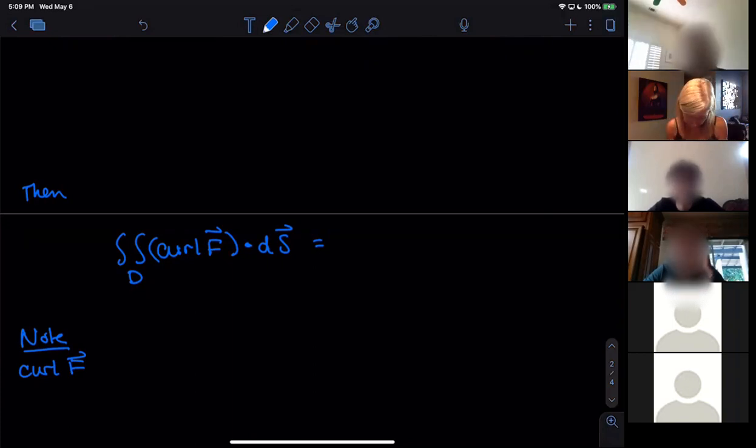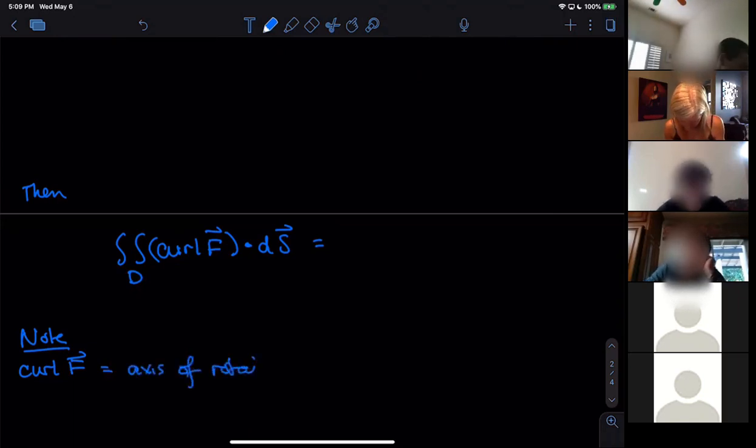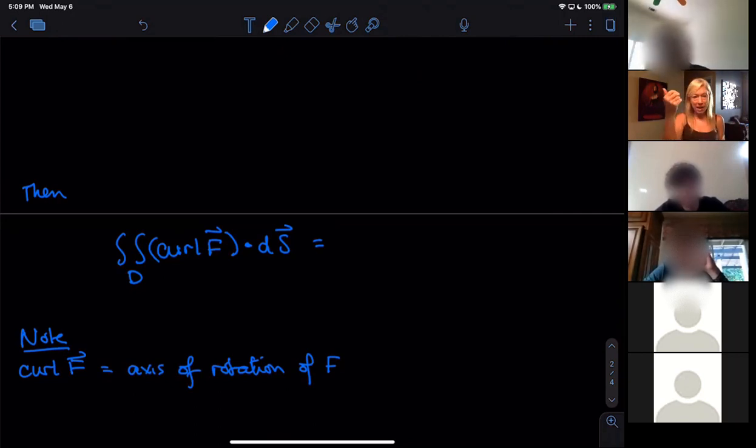So curl of F equals the axis of rotation of the vector field F. Curl of F isn't a constant vector. It can change. There could be some rotation over here, and the axis of rotation would be here, but maybe here the rotation is like this, and then maybe here there's no rotation at all, so the axis would just be the zero vector.